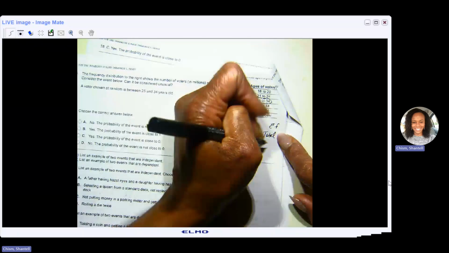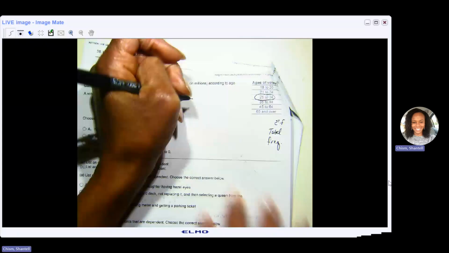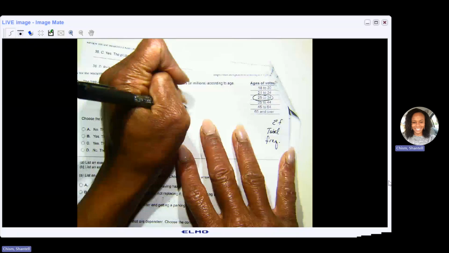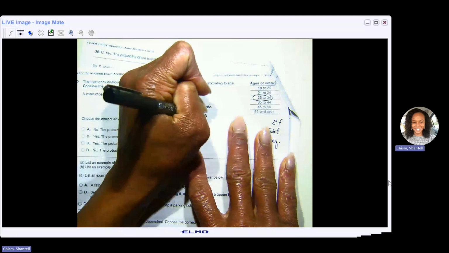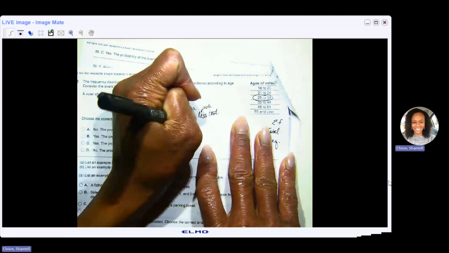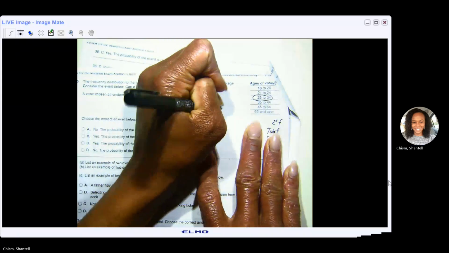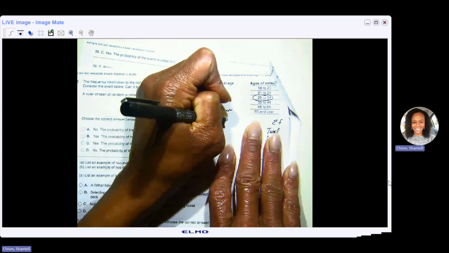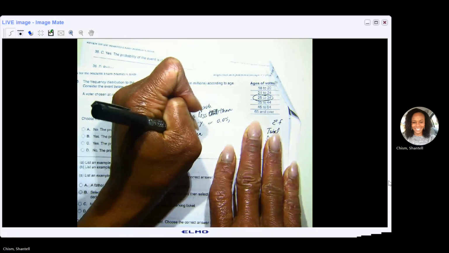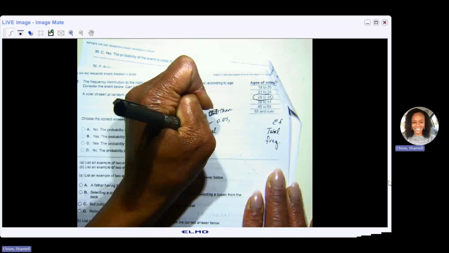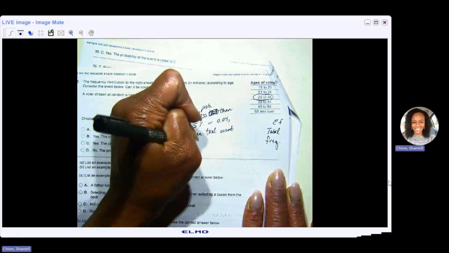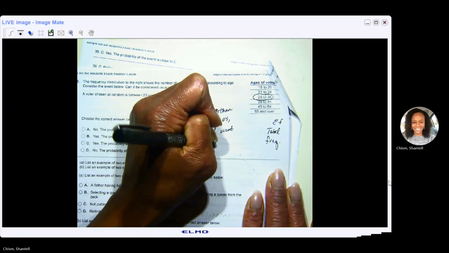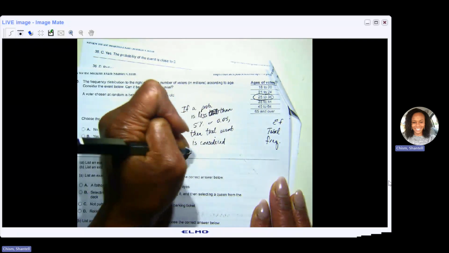And if that probability is less than 0.05, it's considered unusual. If a probability is less than 5% or 0.05, then that event is considered close to zero and unusual.